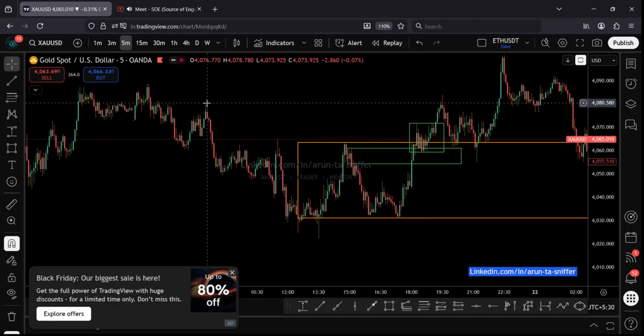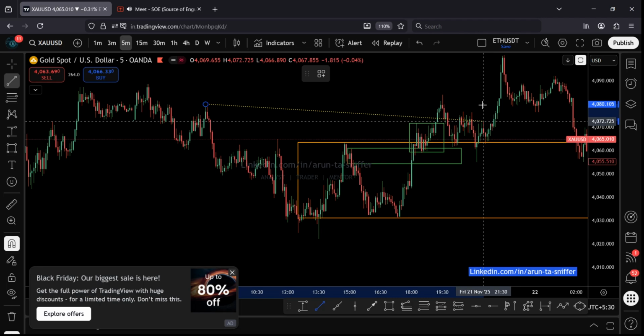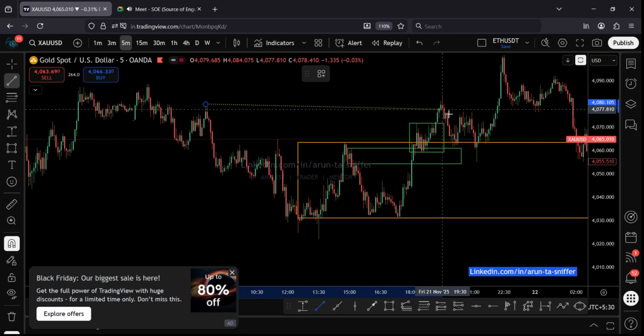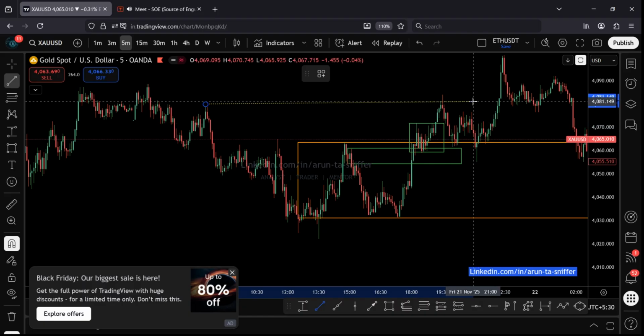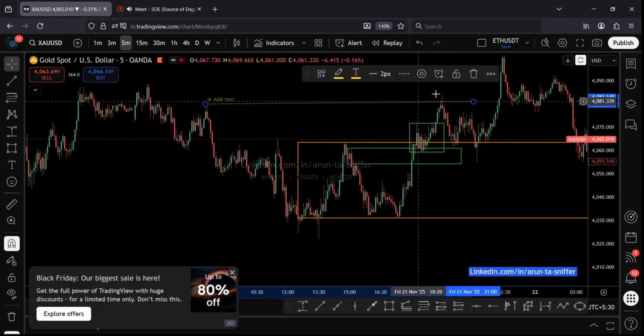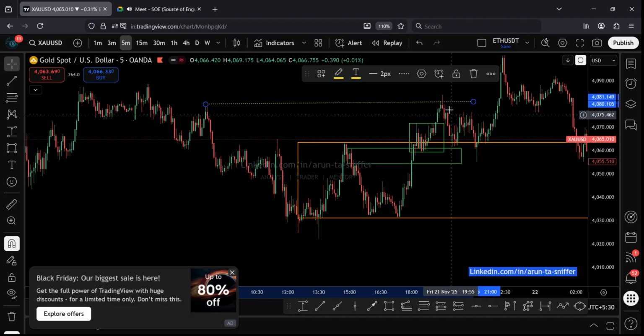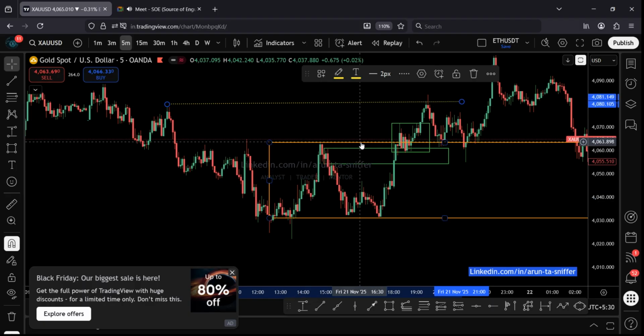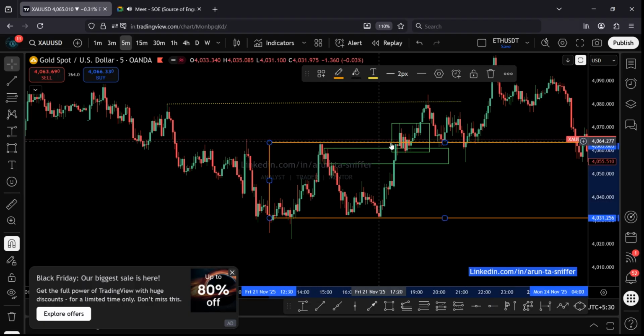So when price goes up and engulfs this area, engulfs this high, engulfs this high, price comes down. If someone wants to trade from here to here, its minimum target will be this one, this orange line.